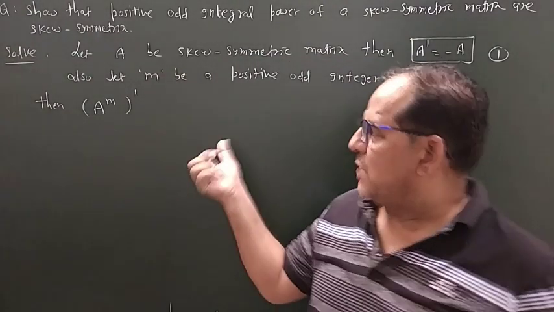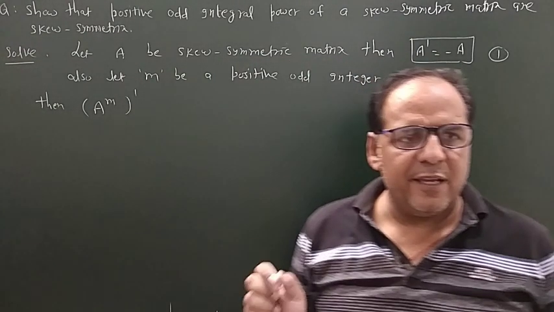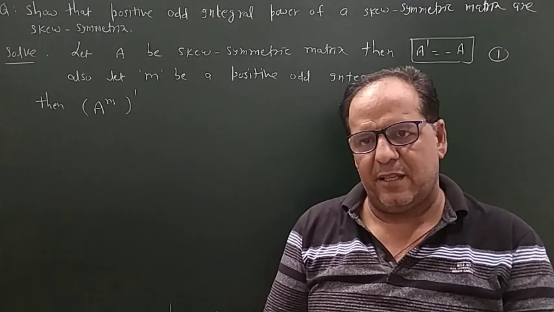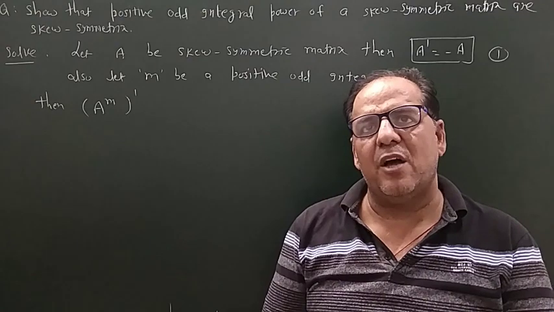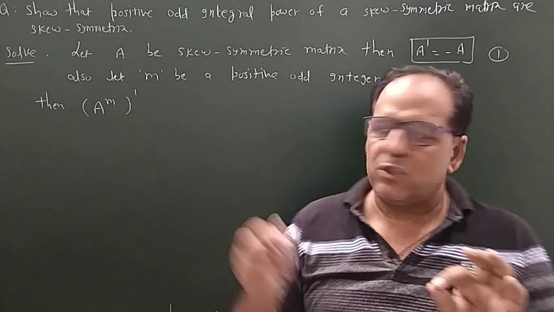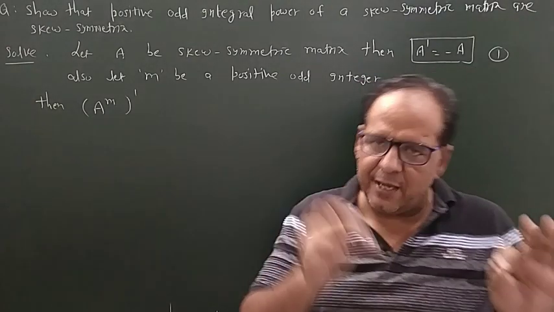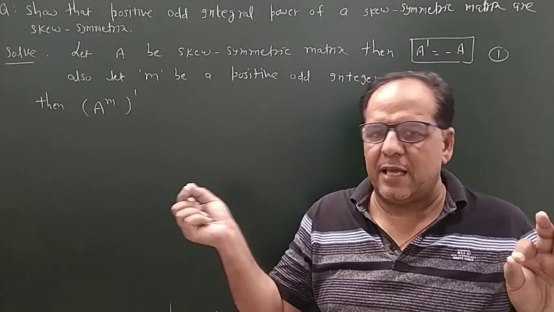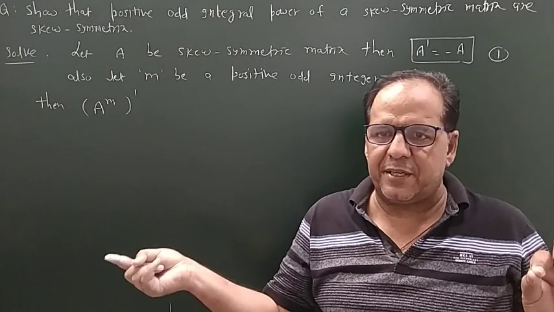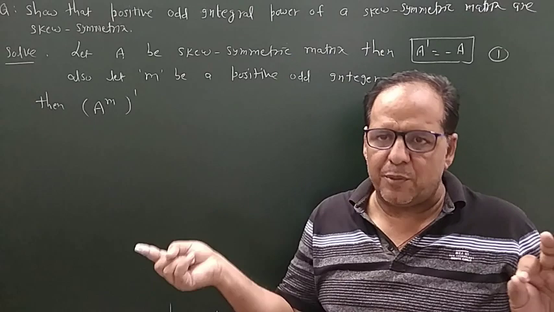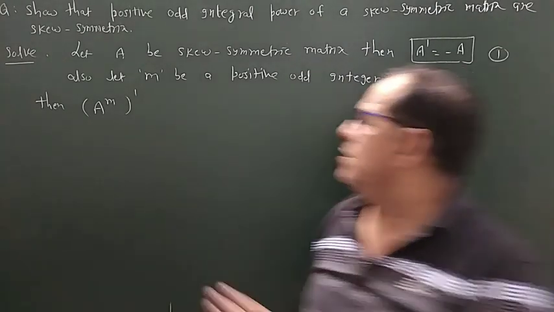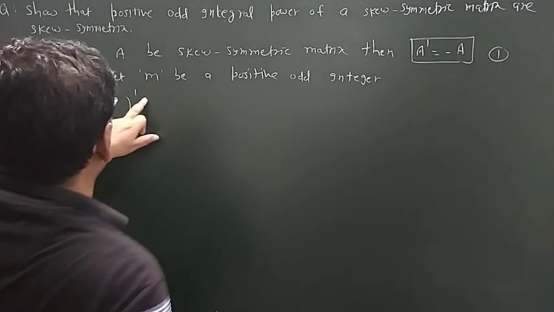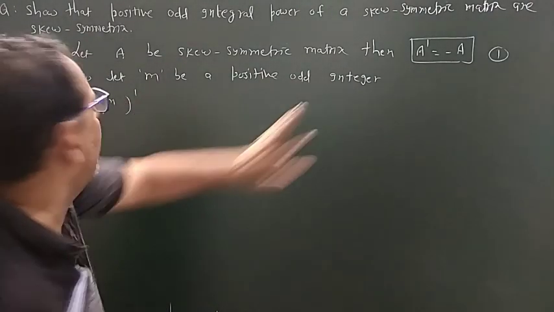This question is saying that if A is a skew symmetric matrix and we take the power of A as in the positive odd integers, then generally, if A is skew symmetric matrix, then A cube also is skew symmetric, A5 also is skew symmetric, A7 also is skew symmetric matrix. So here we start with A to the power m dash, where m is the positive odd integer.